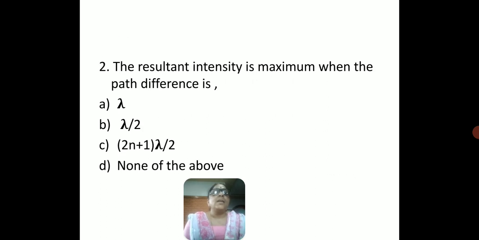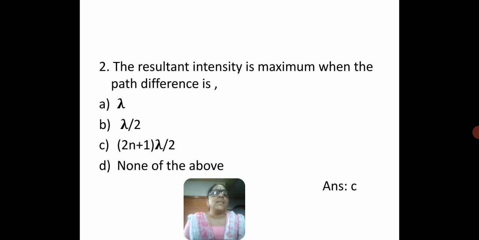Next, the resultant intensity is maximum when the path difference is equal to 2n plus 1 lambda by 2. Okay, let us see.